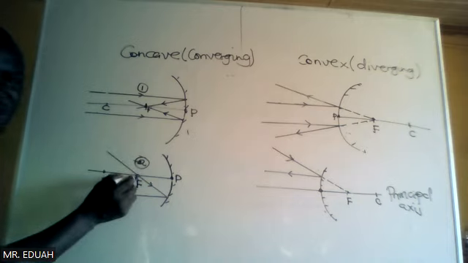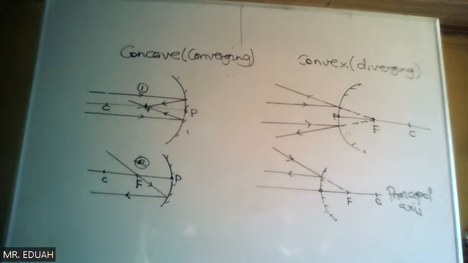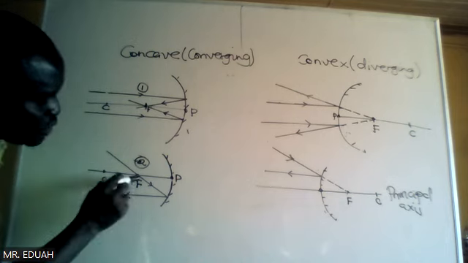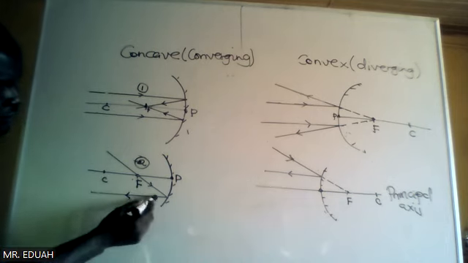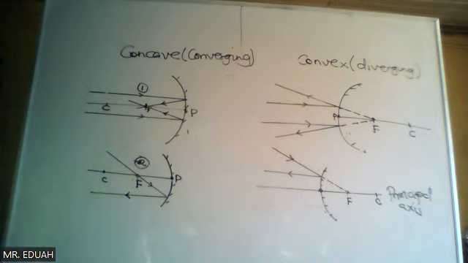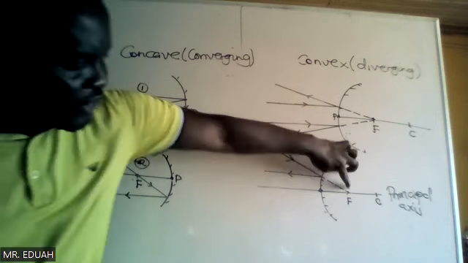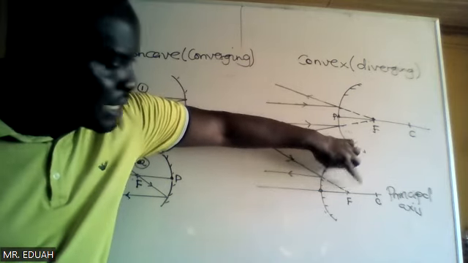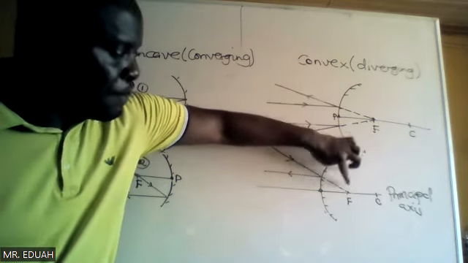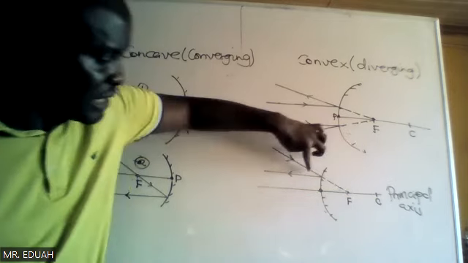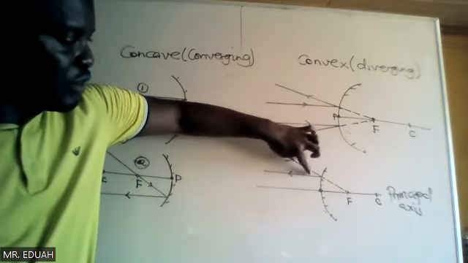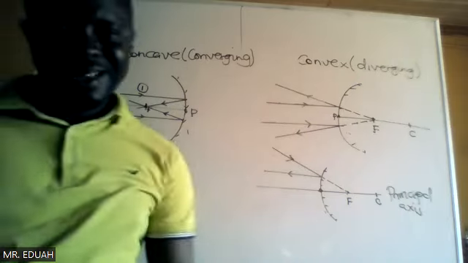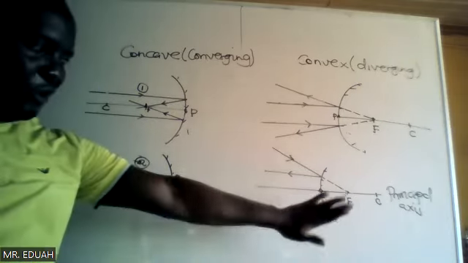You see this one, because it is real, F is real, rays can actually pass through. And so once the ray is passing through F, after reflection the reflected ray would have to be parallel to the principal axis. Over here, F is virtual, so the ray appears to be passing through F. And if it appears to be passing through F, after reflection the reflected ray would have to be parallel to the principal axis. Please, are you okay?